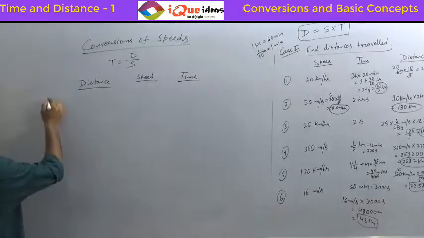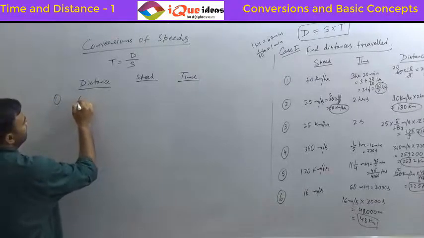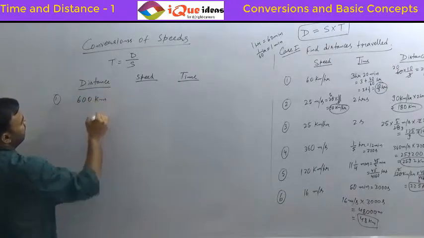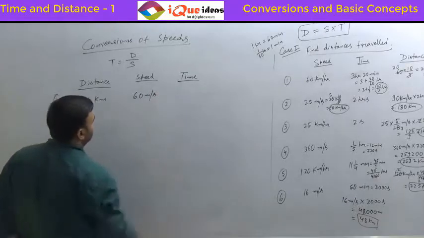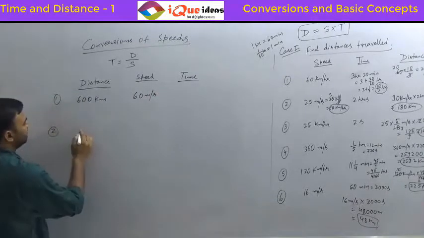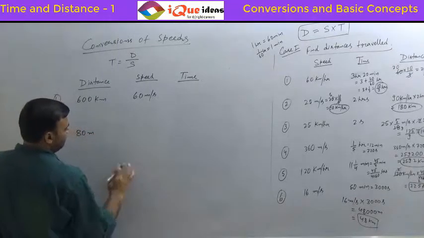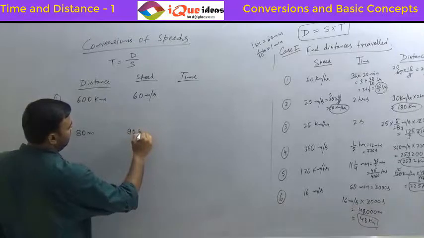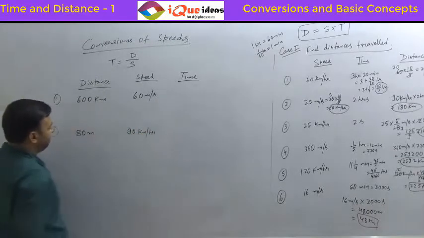Okay. First example. A person has to travel 600 kilometers and is traveling at a speed 60 meters per second. What is the time taken? Second one. A person has to travel 80 meters and is traveling at a speed 90 kilometers per hour. Find the time taken.